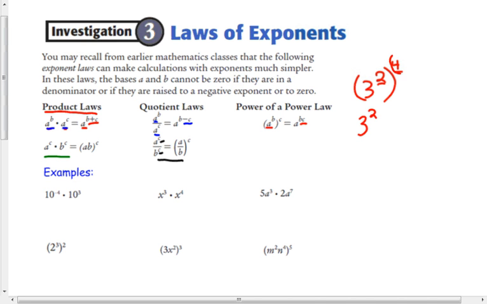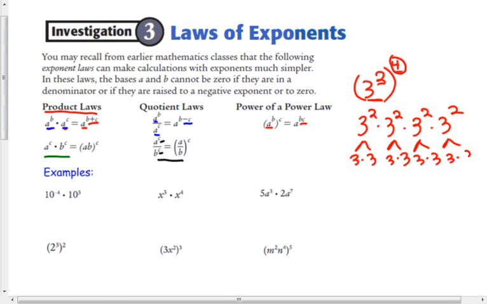This 4th power here, when I operate on that, that's telling me that I'm multiplying this base 3 to the 2nd by itself 4 times. And each of these are 2 factors of 3. And you can see we have a total of 8 factors of 3, which is what I get when I multiply 2 times 4.